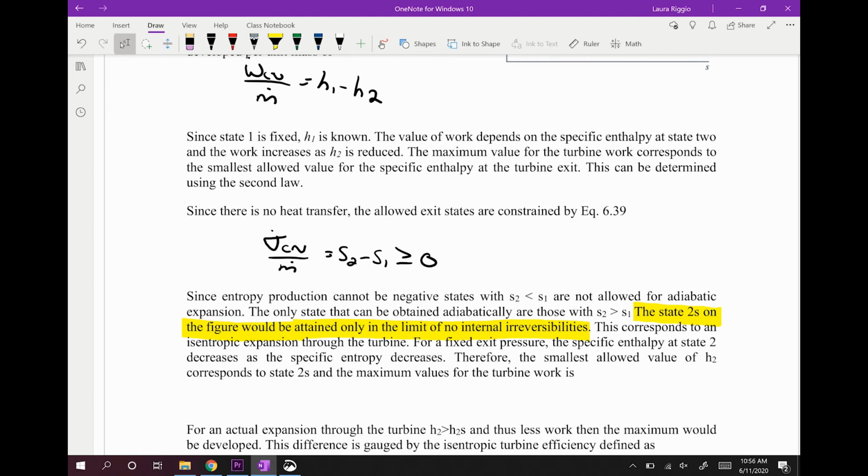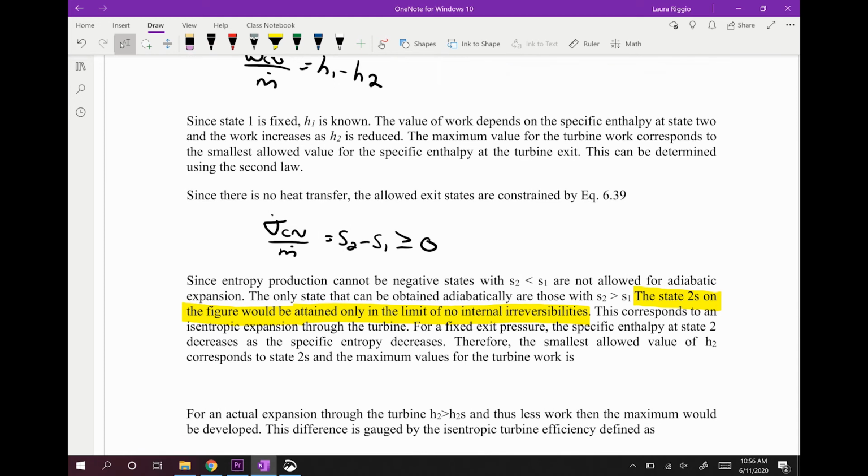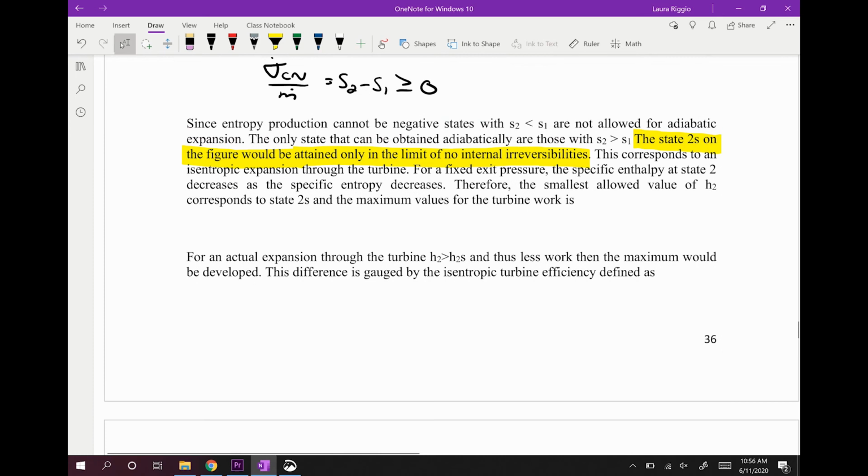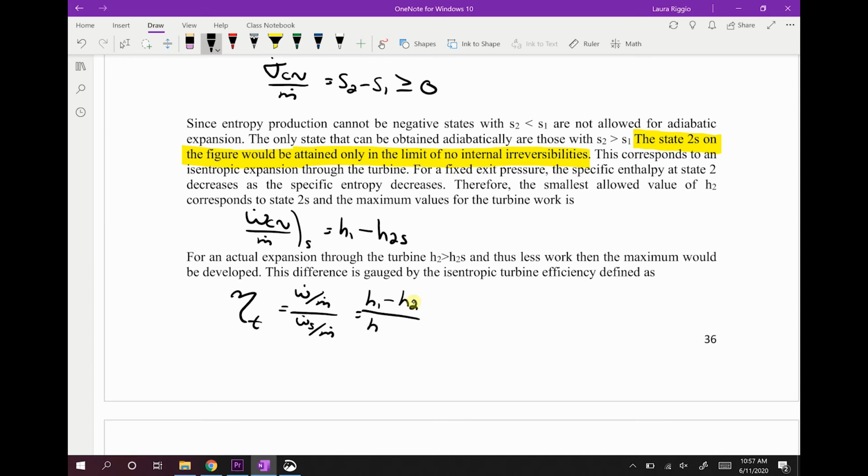Therefore, our smallest allowed value of h2 corresponds to our state h2s, and our maximum work, so our isentropic work, is h1 minus h2s. So we define the efficiency of our turbine as our actual work over our isentropic work, or h1 minus h2 over h1 minus h2s.